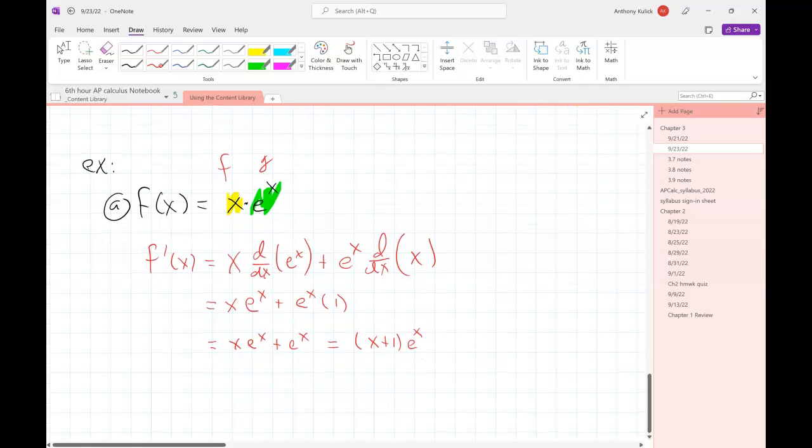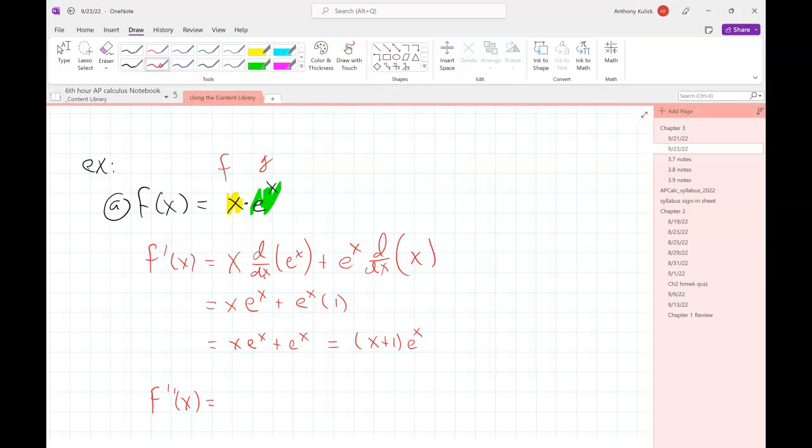Does everybody feel okay with that? What if I wanted to take the second derivative here? Does it matter which version of the first derivative we use? No. Which one do you want to use? They both would have product rules in them.